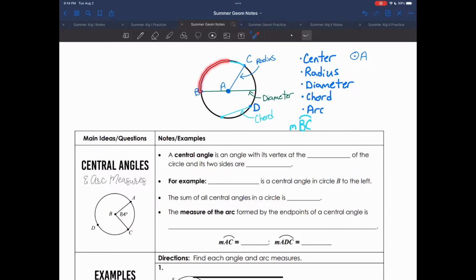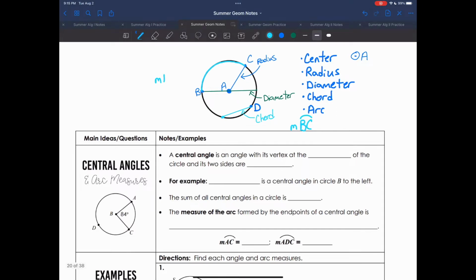You could be talking about this arc BD, or you could be talking about this arc BD. How do you know which one? Well, if you give it just 2 letters, they assume you're talking about the minor arc from B to D. The way you define the major arc, the bigger one from B to D, is by naming it by 3 letters. Okay, so if we wanted to do that, we would actually call that the measure of arc BCD.